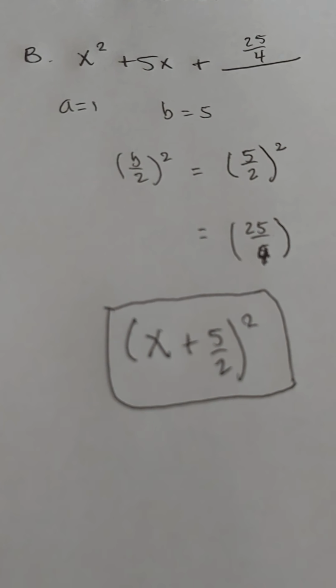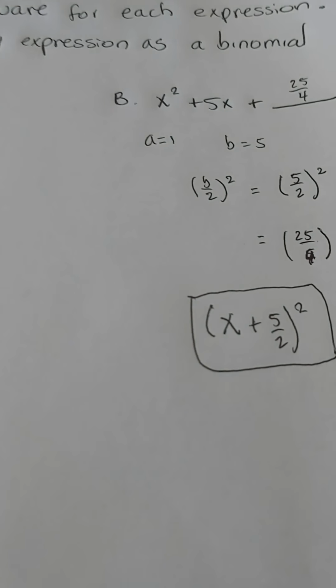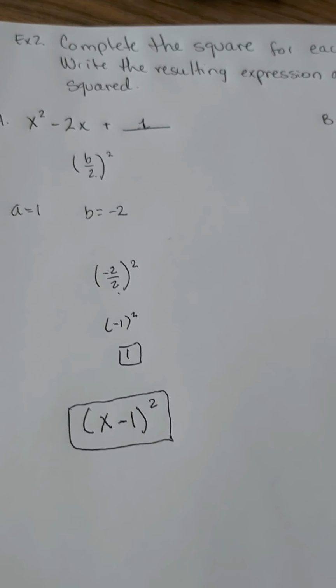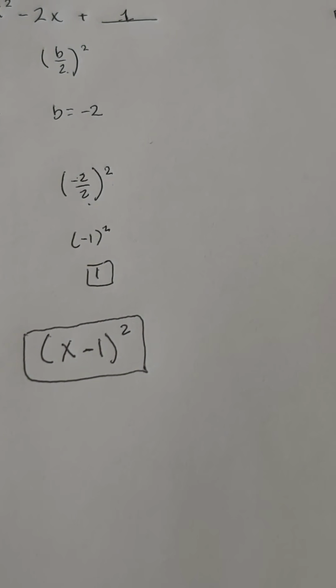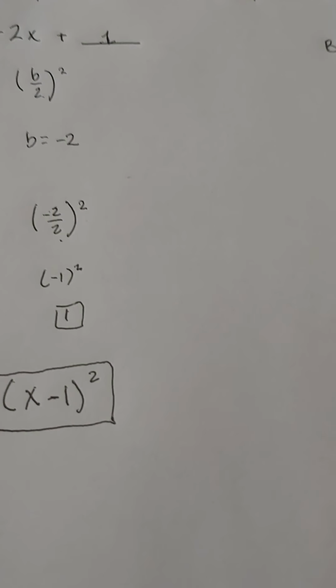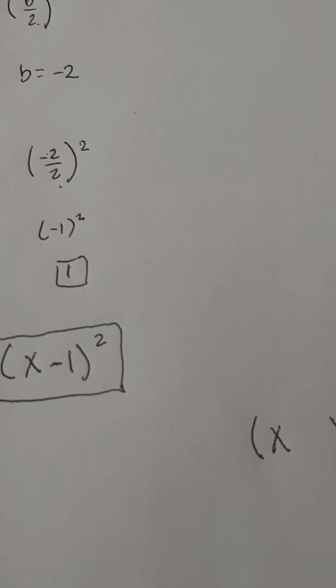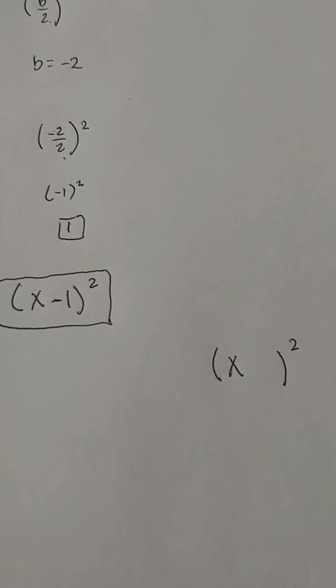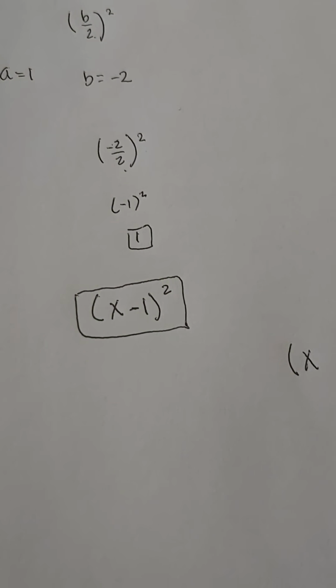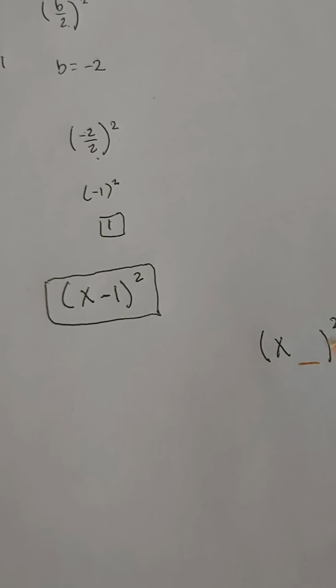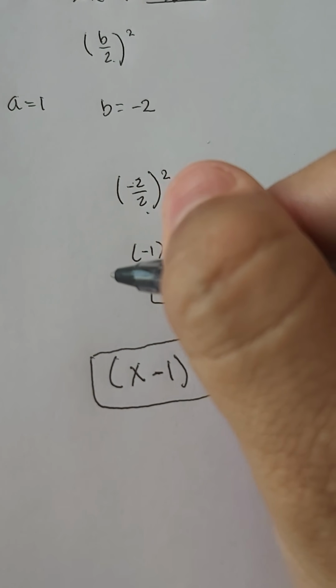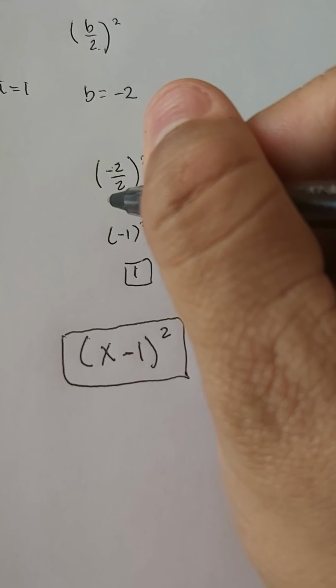So when we want to write our perfect square trinomial as a binomial squared, it will always be in the form x plus a number, squared, and the number in here will always be half of b.